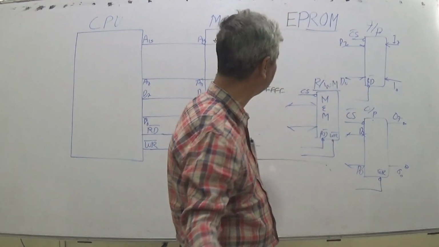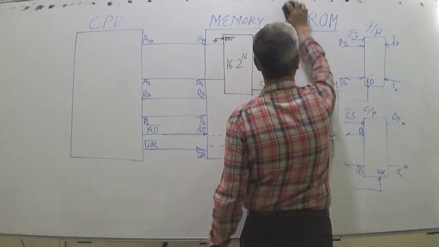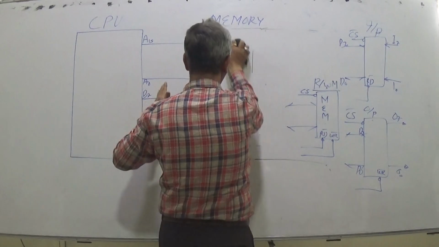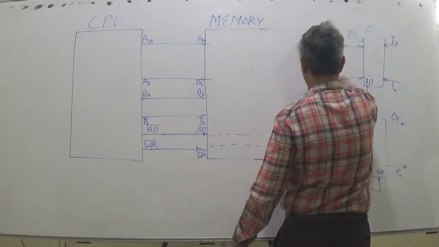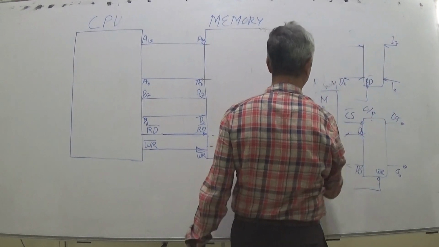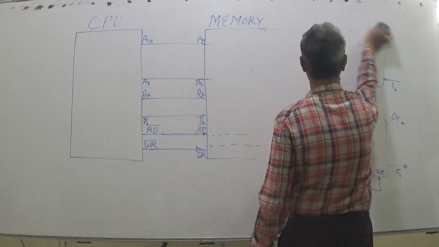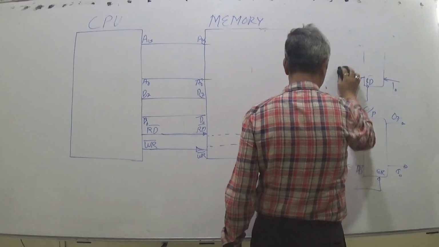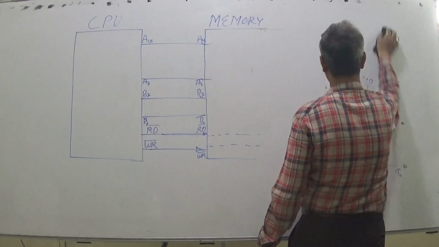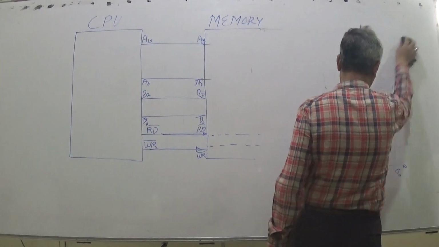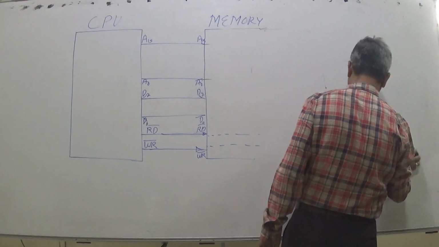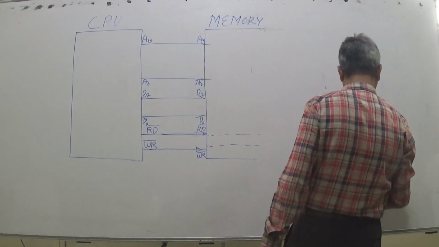So what is the difference is that in this entire memory block, there are a total of 65,536 locations which can be connected.